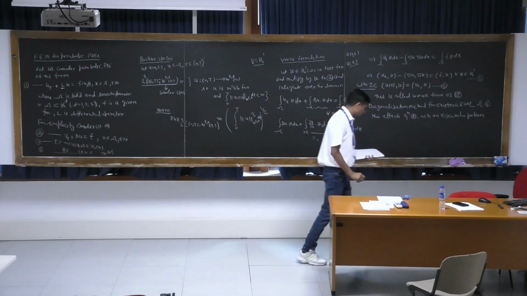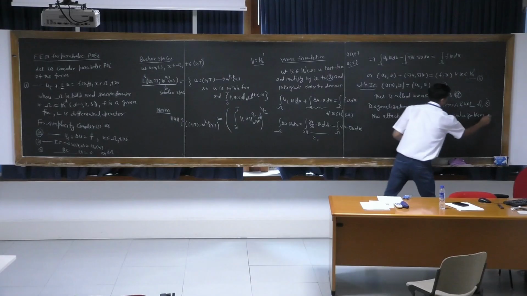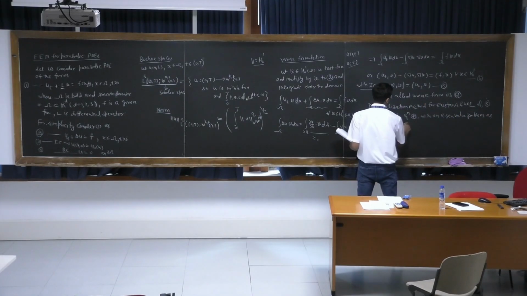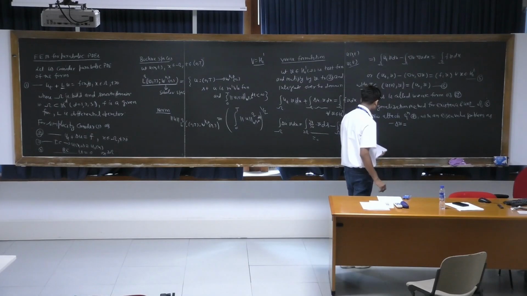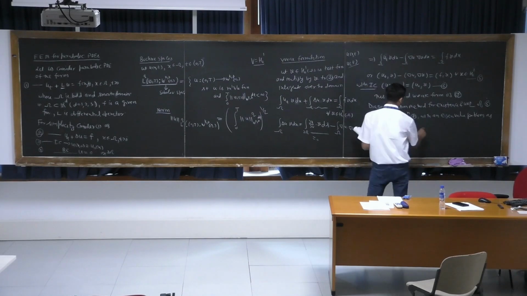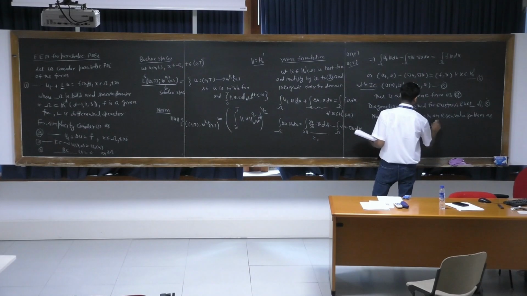What is that eigenvalue problem? The eigenvalue problem is minus del V equal to lambda V, and V is equal to 0 over the boundary, with x belonging to the same domain.